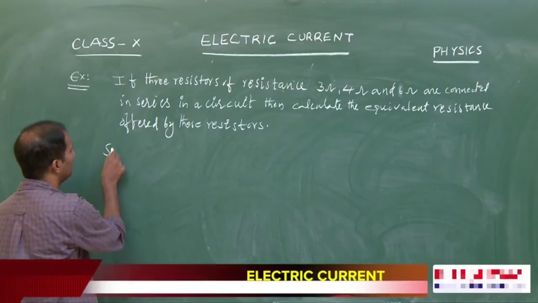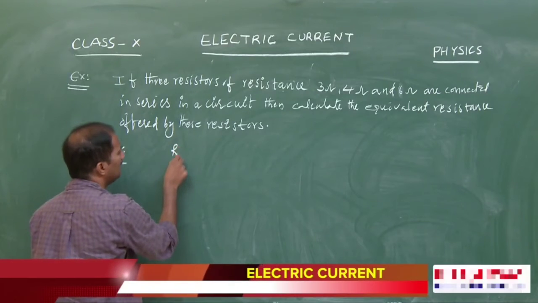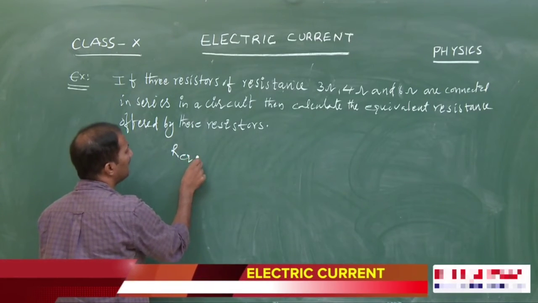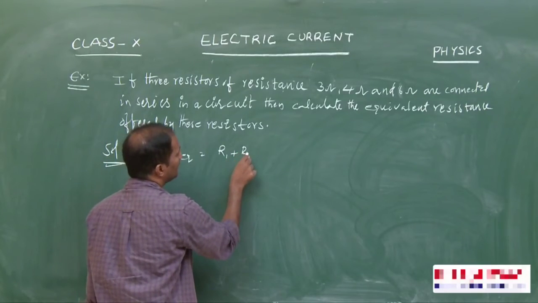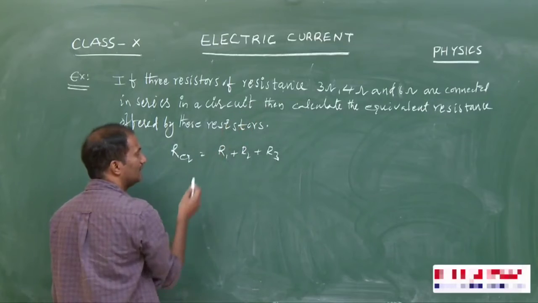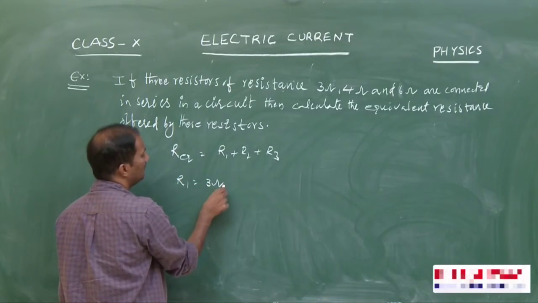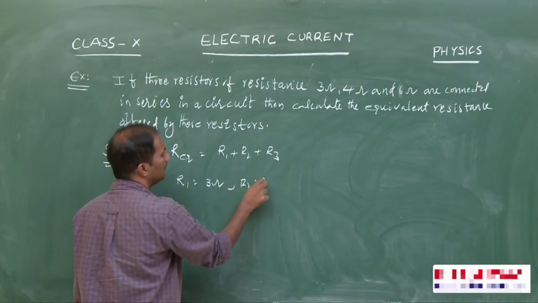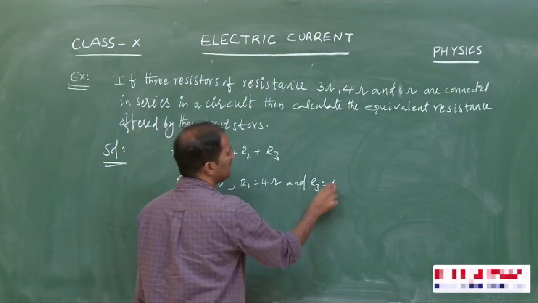Already we know that the resultant resistance R equivalent in a series combination is R1 plus R2 plus R3. Here the 3 resistors are R1 equals 3 ohm, R2 equals 4 ohm and R3 equals 6 ohm.